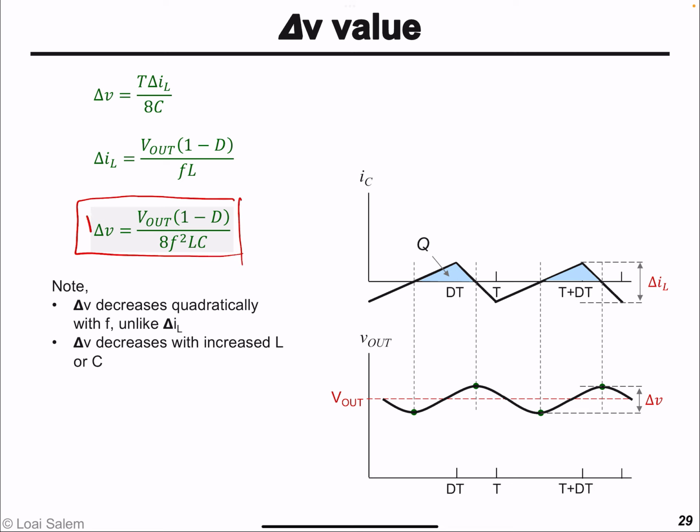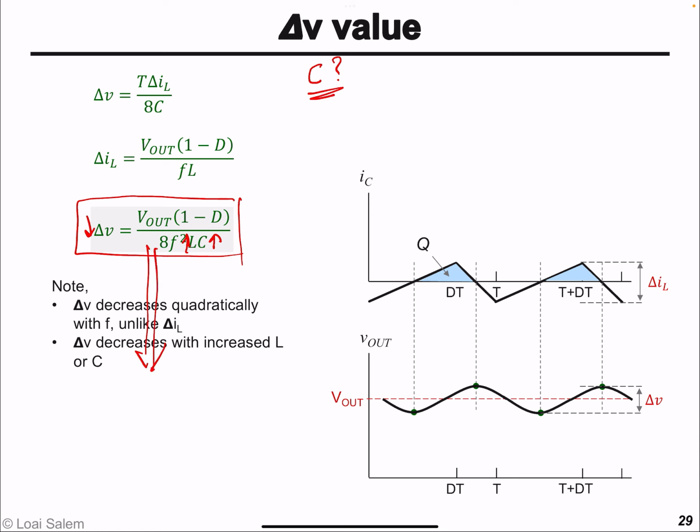Obviously, if we want to reduce delta V, you can either increase the capacitance C, or increase the inductance L. But what we are looking for is an equation that helps us determine the value of the required C. So we're going to rearrange the terms of this equation.